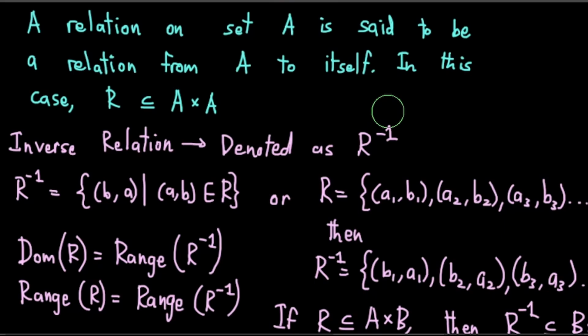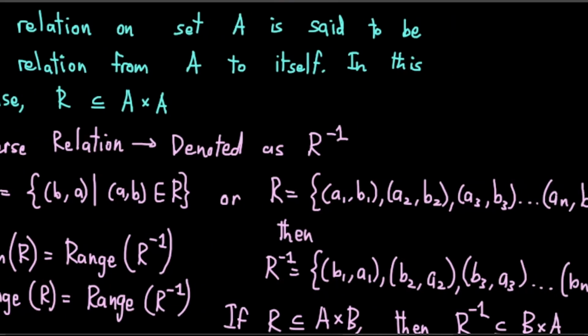Now, the inverse relation, which is denoted as R minus 1, is basically the set of all (b, a), where (a, b) is taken from the relation itself. Again, kind of complicated.